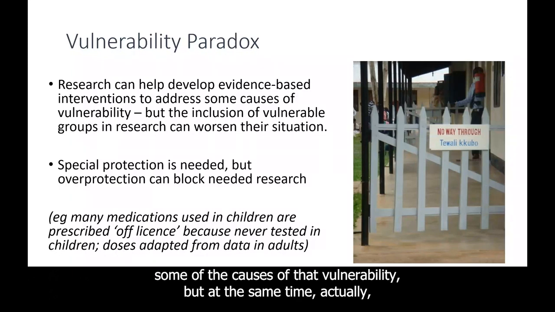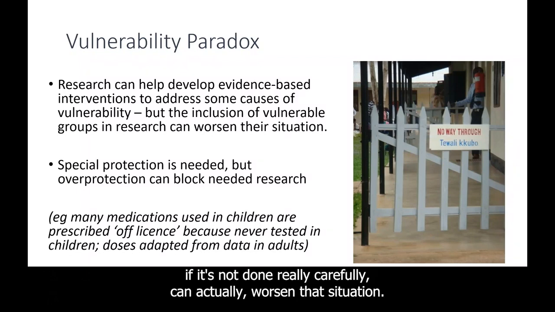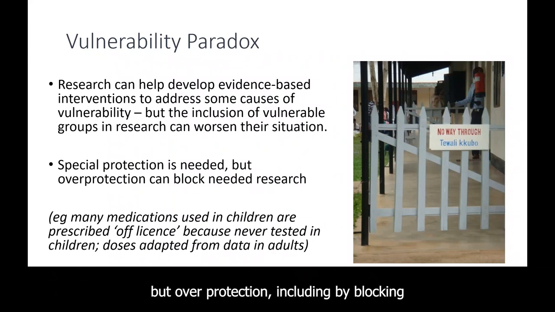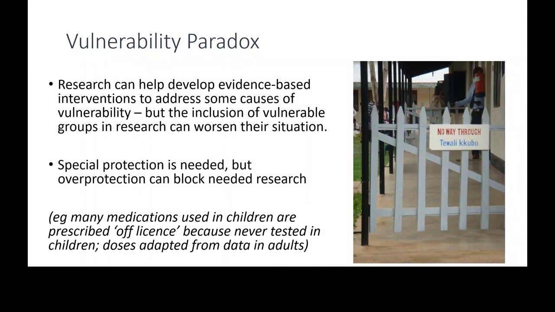But at the same time, including vulnerable populations and individuals in research, if it's not done really carefully, can actually worsen their situation. So there's this paradox that special protection is needed to conduct research among vulnerable populations, but overprotection, including by blocking research, can mean that important studies don't happen.